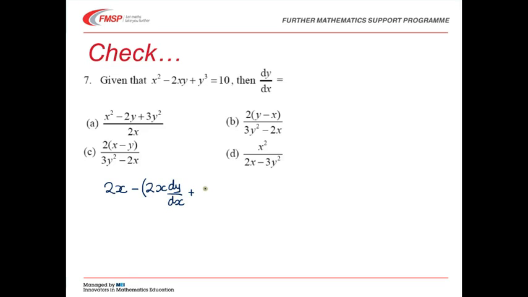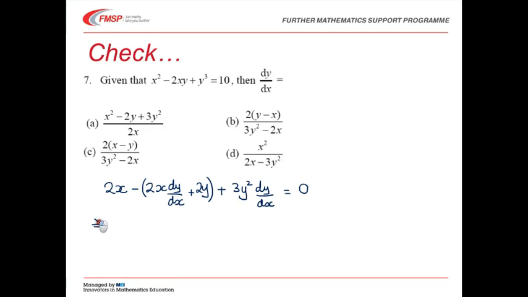Plus write the second and differentiate the first. And then y cubed using the chain rule, that's 3y squared differentiating with respect to y, and then times that by differentiating with respect to x. And this of course is why it was so important for you to be really fluent with the chain rule.